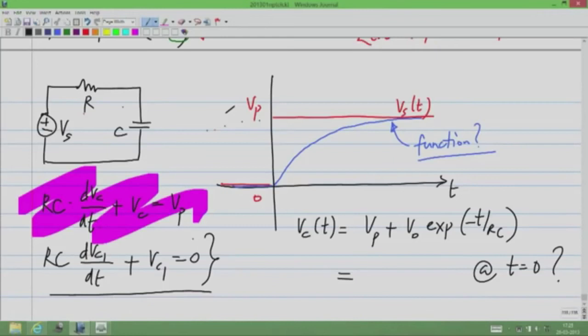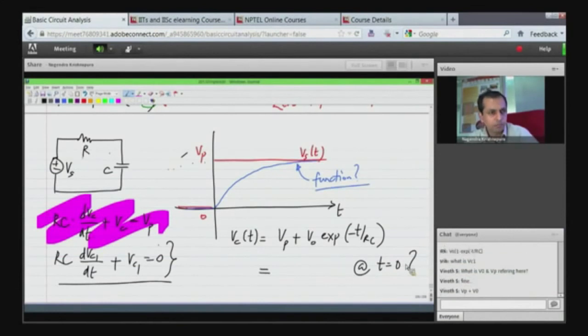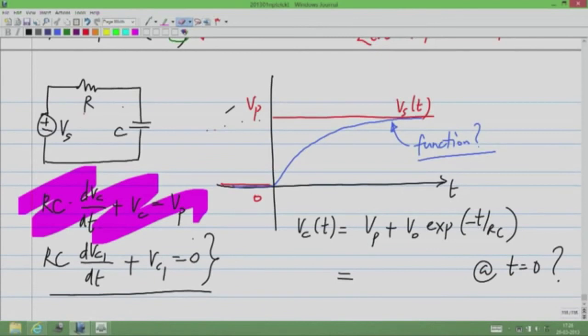What will I get if I substitute t equal to 0 in this function Vc of t? So clearly exponential of 0 is 1, so the answer is Vp plus V naught.